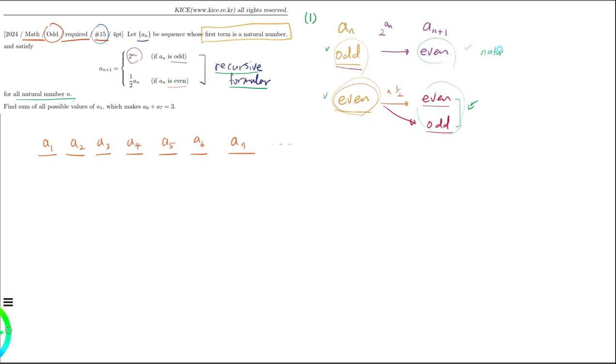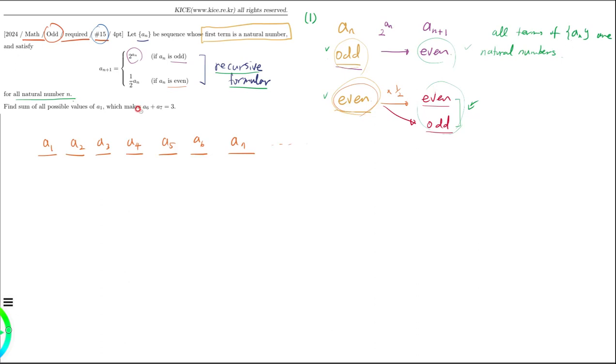So all terms of the sequence a_n are natural numbers.